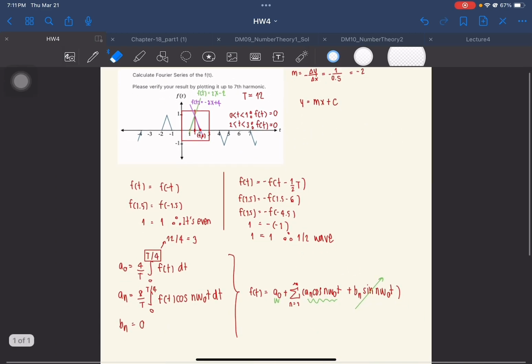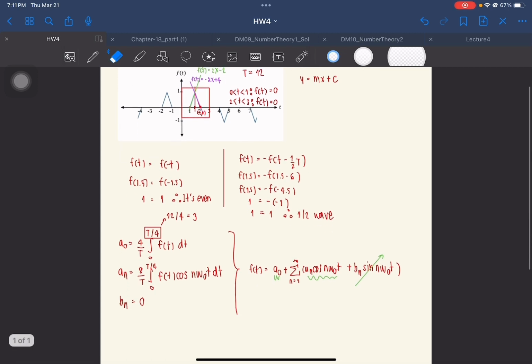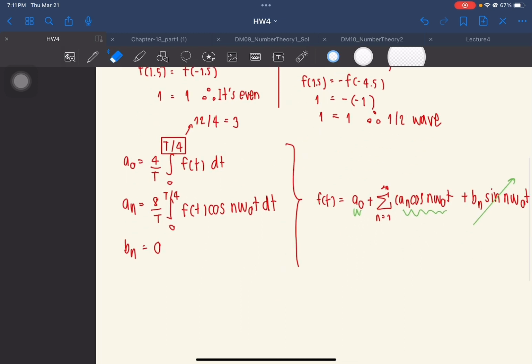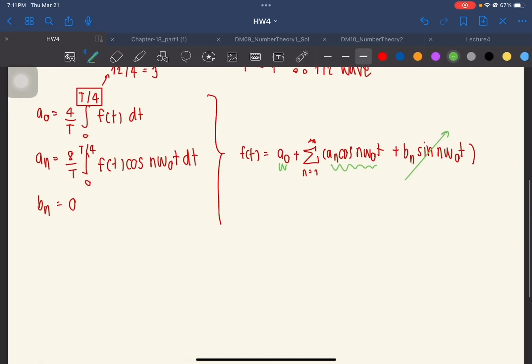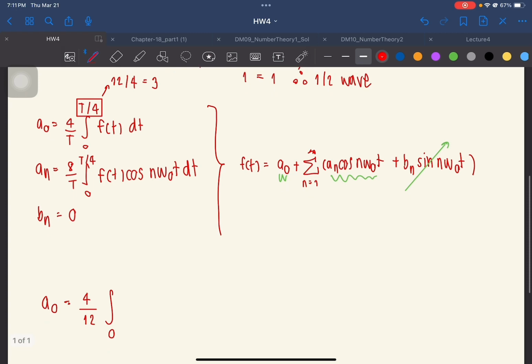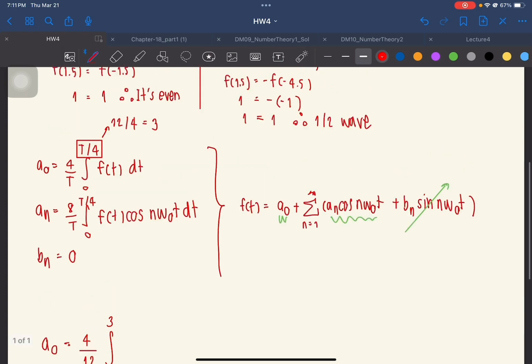Okay, now that we have found the functions, we will start to calculate a0 first. A0 is 1 over the period, which is 12, times the integral from 0 to 12, and 12 over 4 is 3.